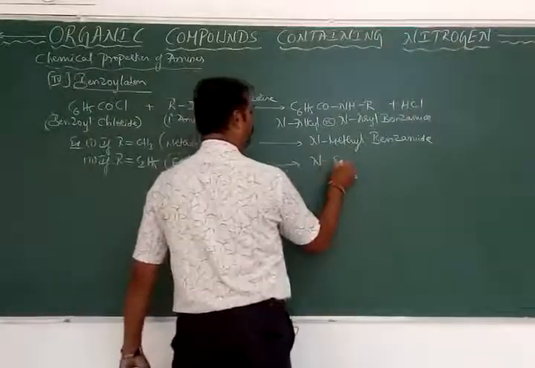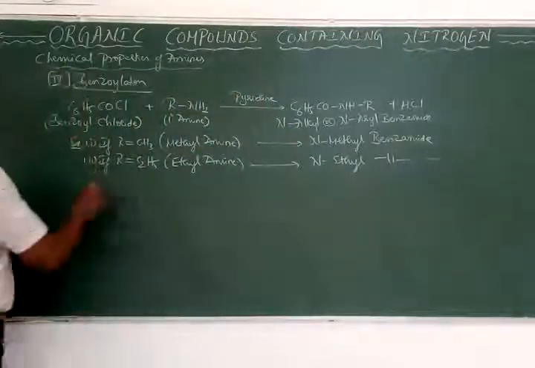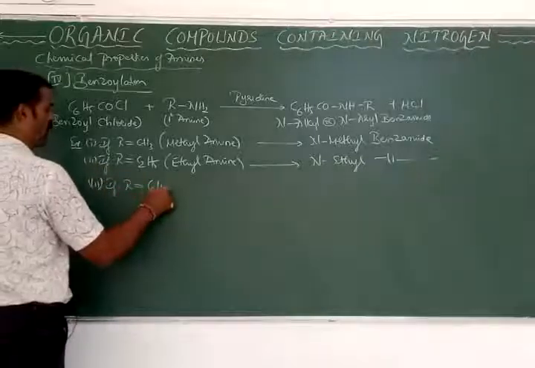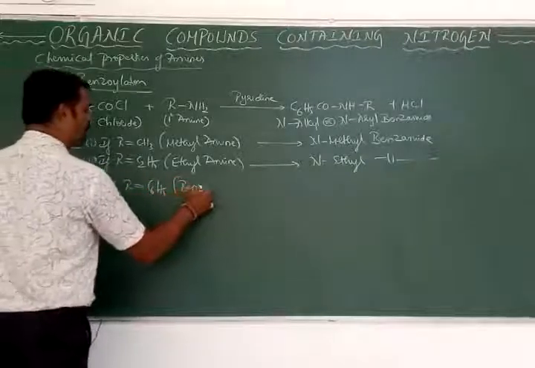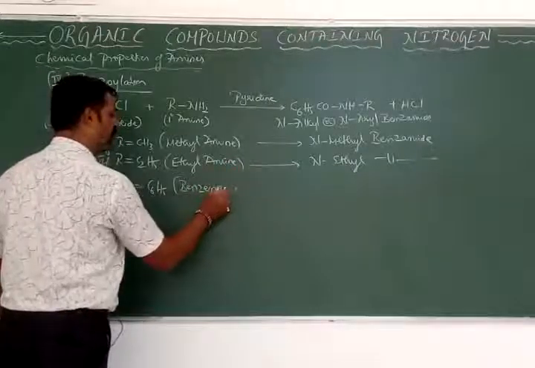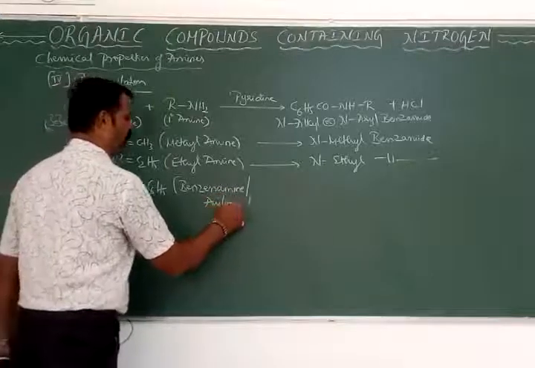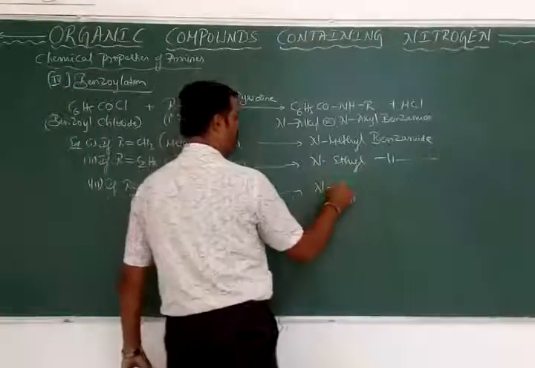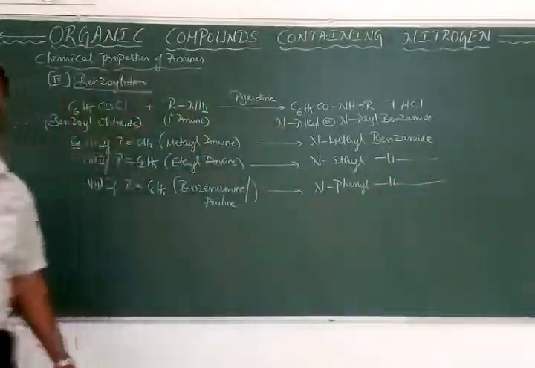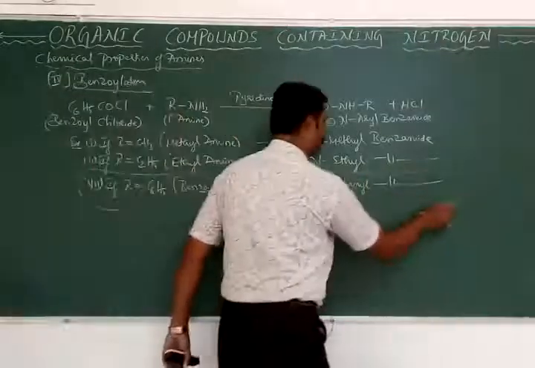Here it forms N-ethyl benzamide. If R is equal to C6H5, it is called benzenamine or aniline. It is also called which one? Aniline. The product is N-phenyl benzamide.